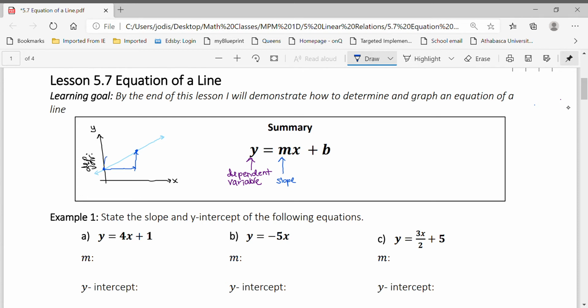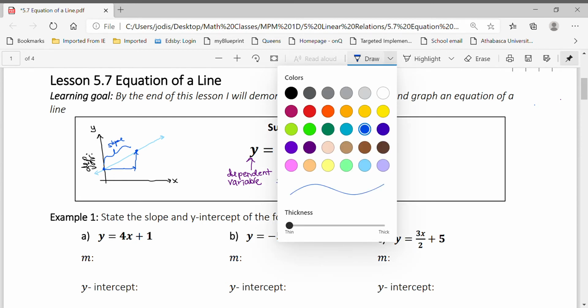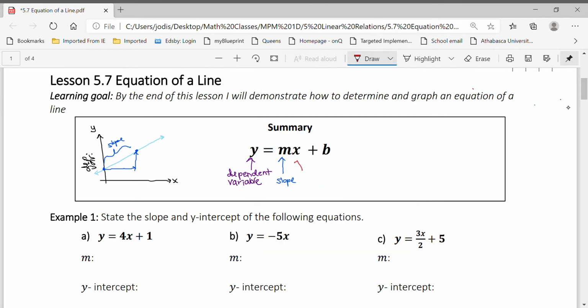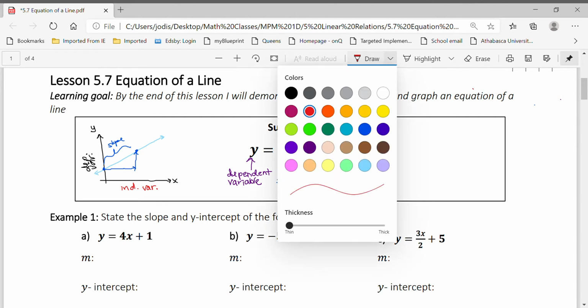This is our slope. So the x would represent our independent variable. So this would be our independent variable.